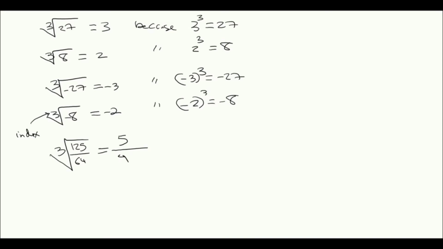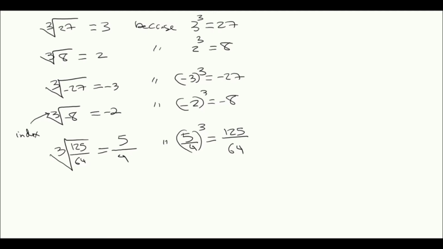That's 4. So the cube root of 125 over 64 is going to be 5 over 4. And again, the reason is because if I take 5/4 and I cube it, I get 5 cubed, which is 125, over 4 cubed, which is 64.